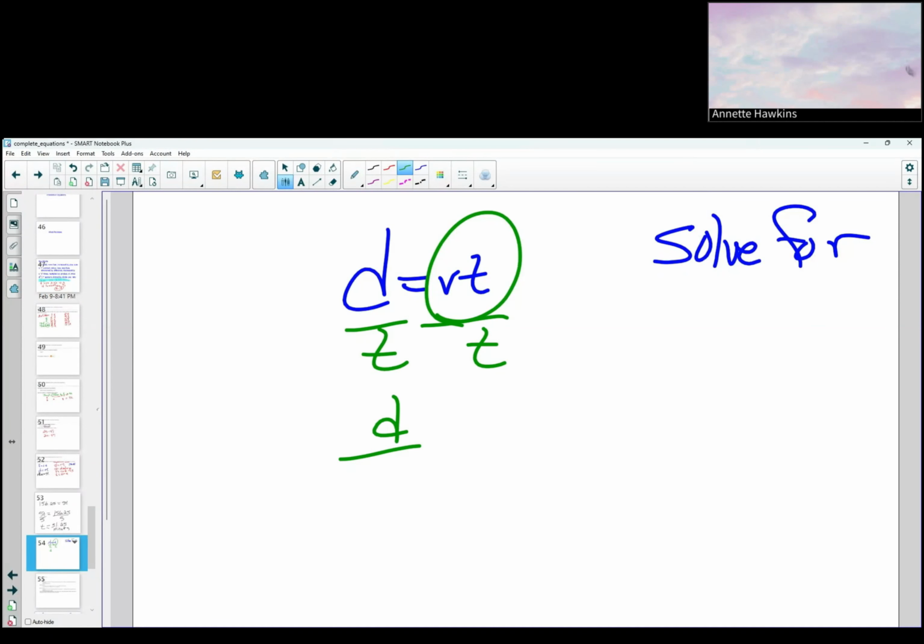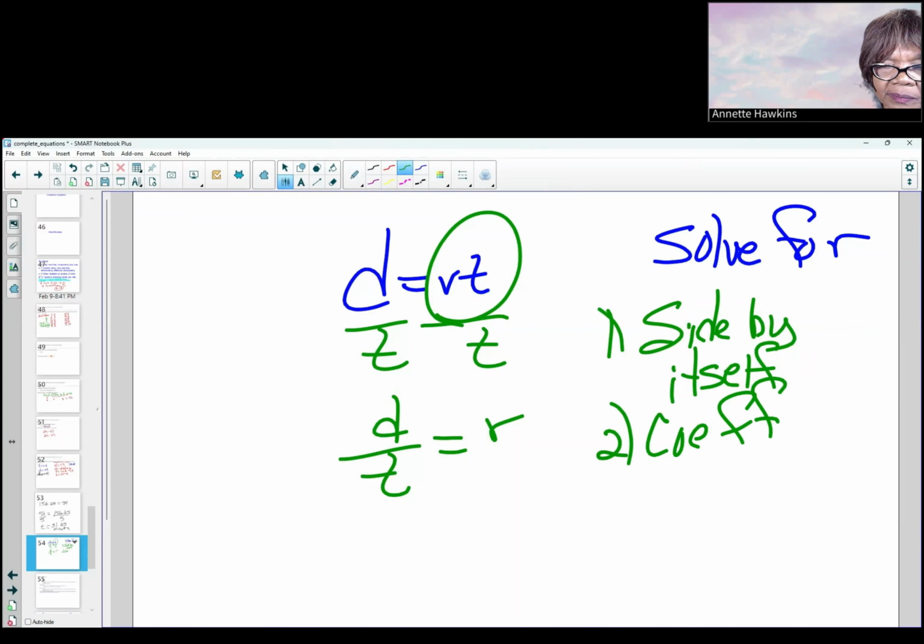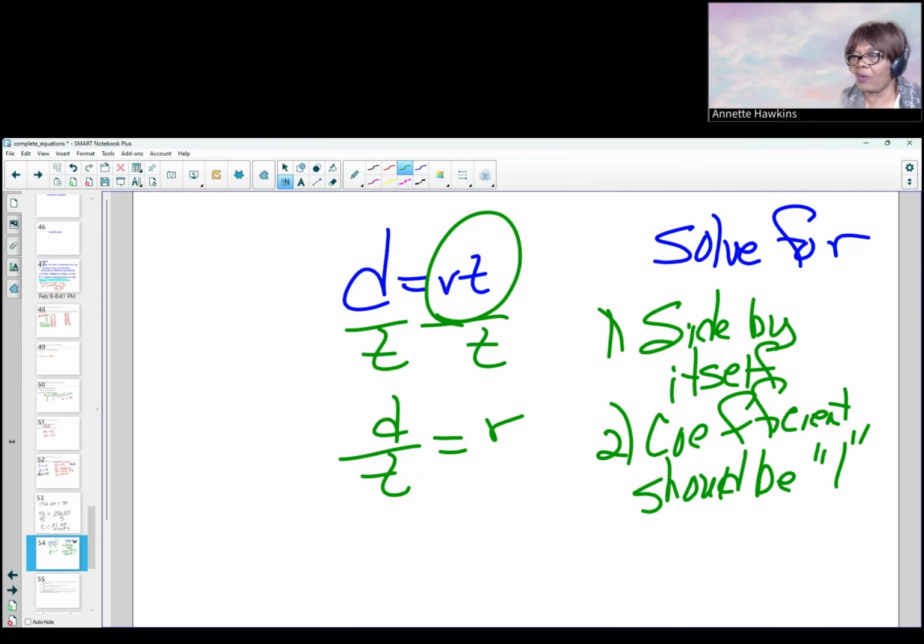So d divided by t equals r. So that's how we work with letters. Keeping in mind, whatever you're solving for has to be on a side by itself, and the coefficient should be 1. That's always the key. It has to be on a side by itself, and the coefficient should be 1. Okay. All right. Good enough.